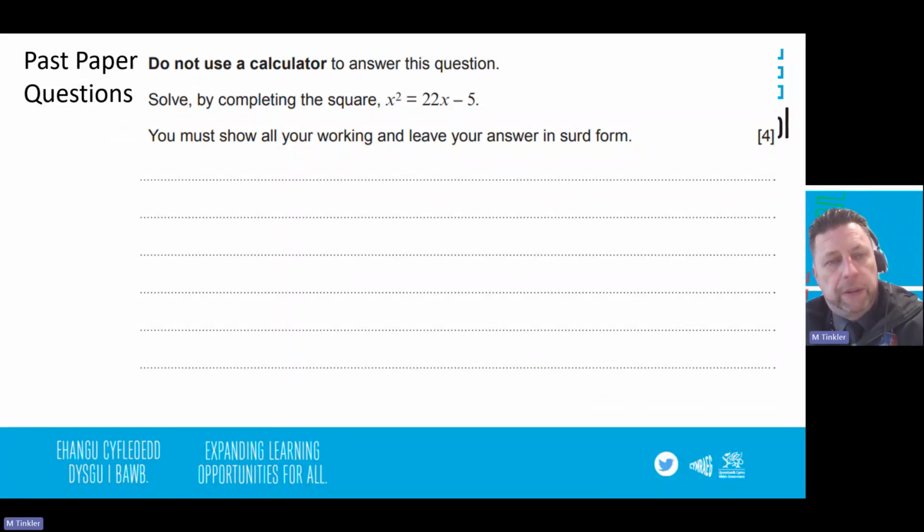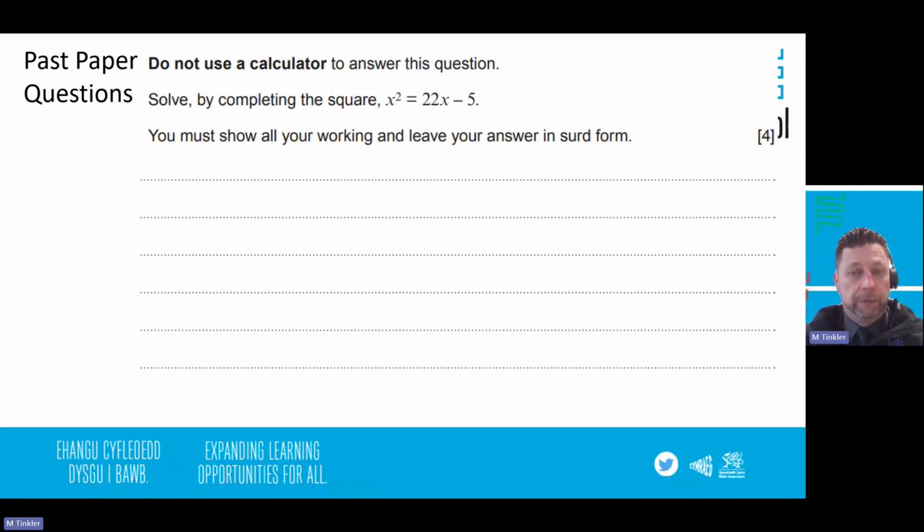Now, when I did my completing the square video for session 5, I deliberately kept this question for the revision session on the end. We haven't done one quite like this. I think this was a 2022 or 2019 paper. When I've used this in my school, they found this a little bit different. So first of all, by completing the square. Now you'll notice all the completing the squares we've done, I've just said all on one side.